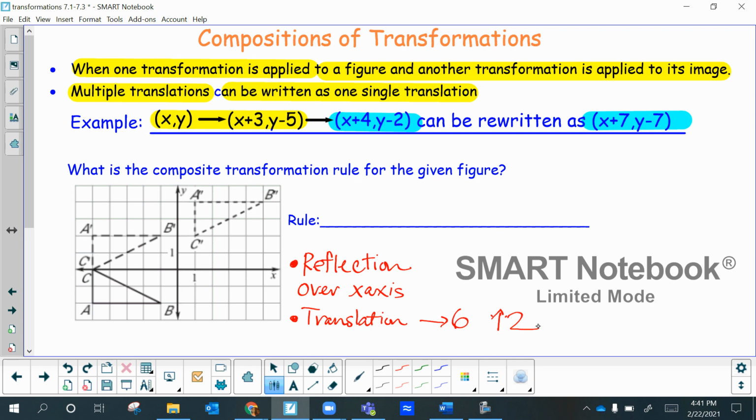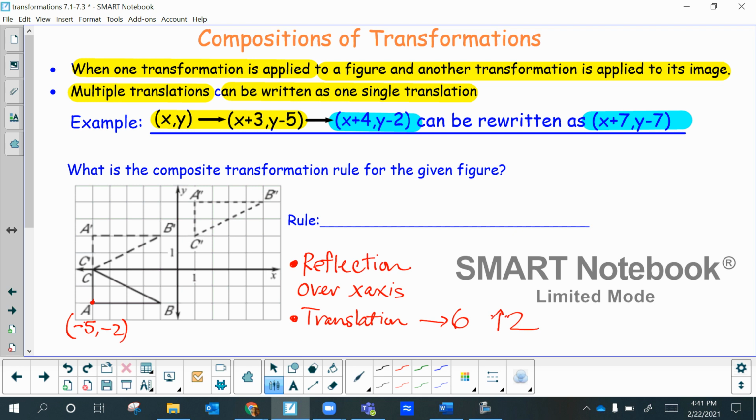When we write our rule, we want to write the final outcome. Another good strategy is to write down the point A and focus on A, or B or C. So I'm going to use A. A is at -5, comma, -2.